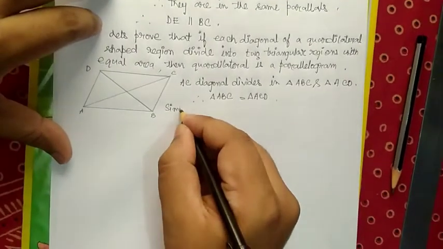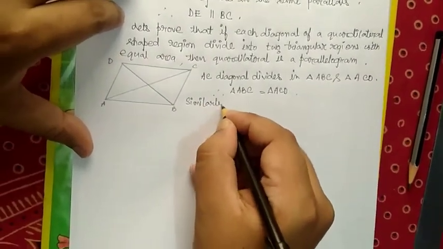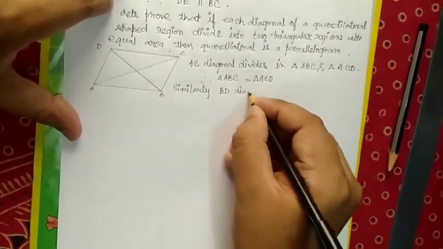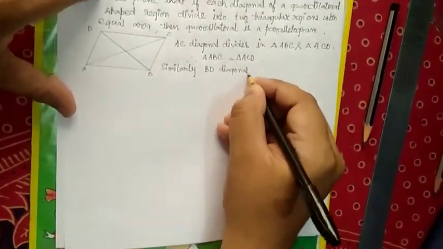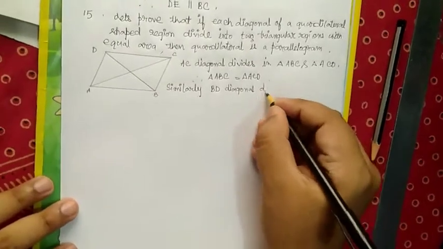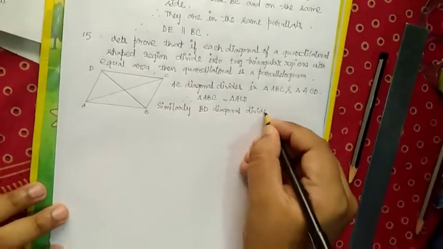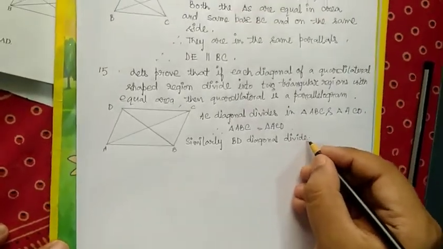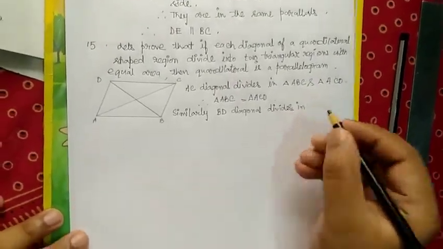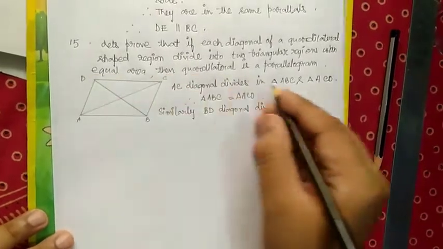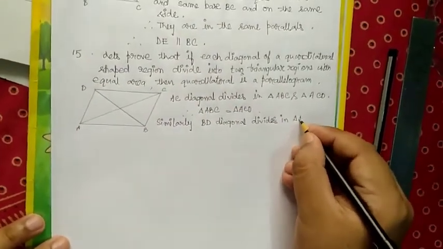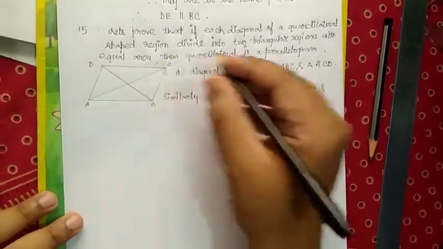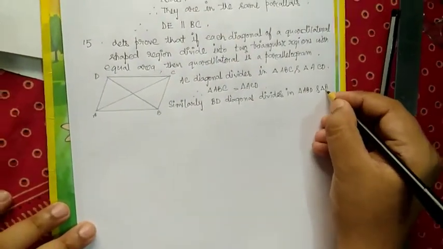Similarly, BD diagonal divides it into triangle ABD and triangle BCD.